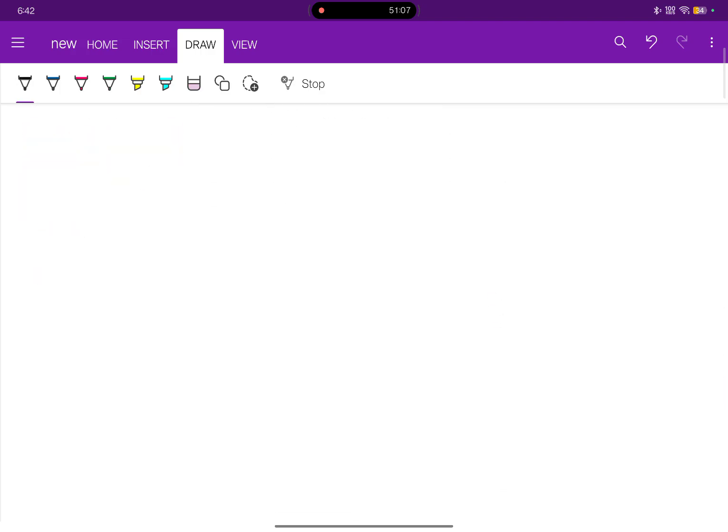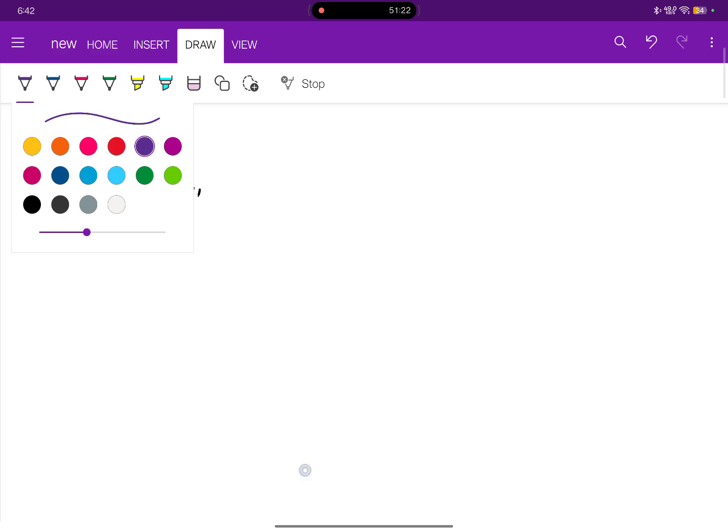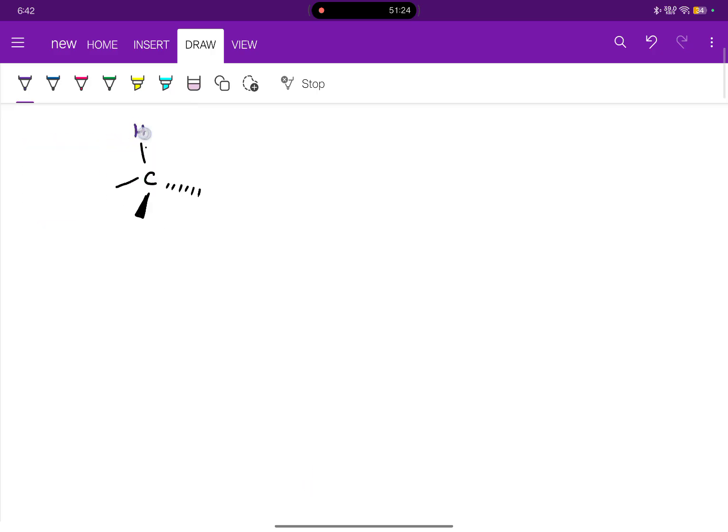So be careful with this particular reaction. This is a primary alkyl halide, I'm going to take a methyl halide. Okay, sir. So let's take methyl bromide.